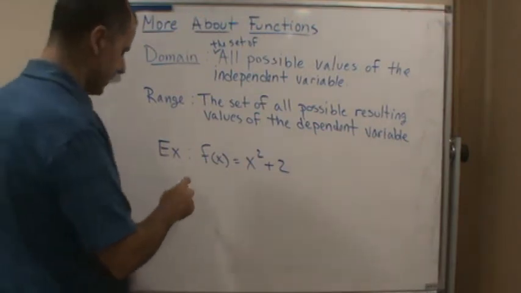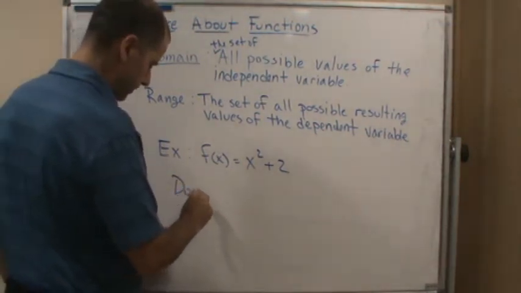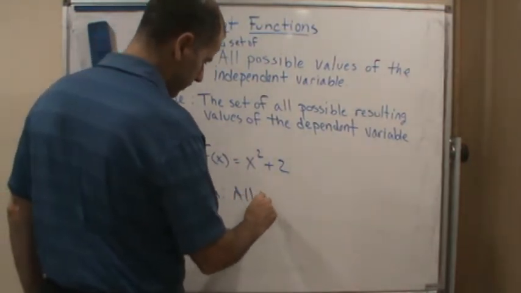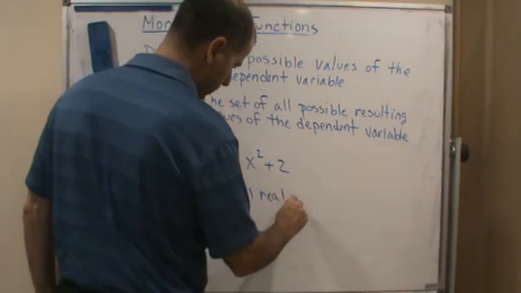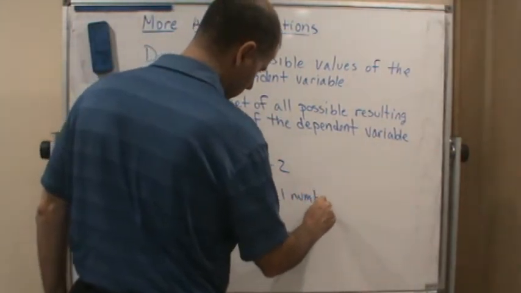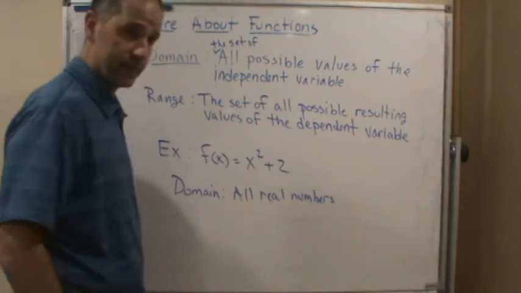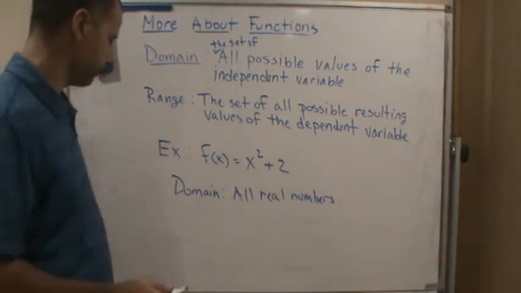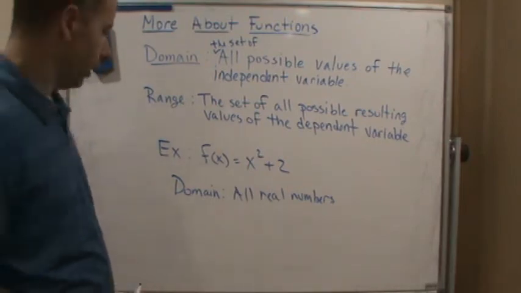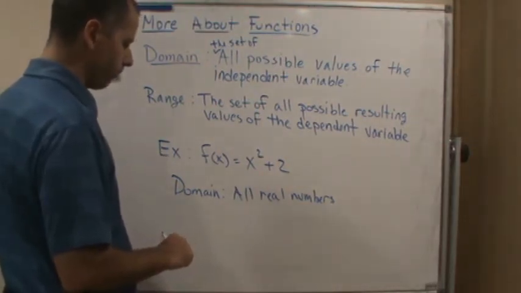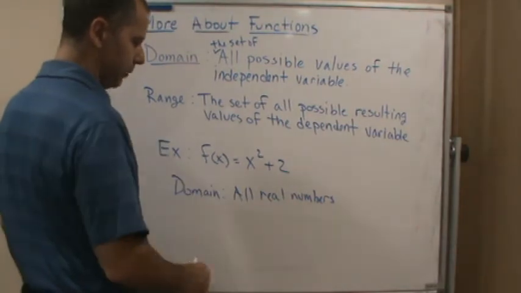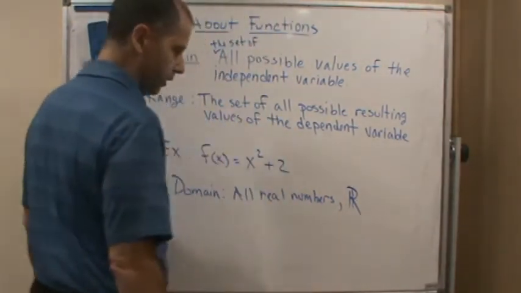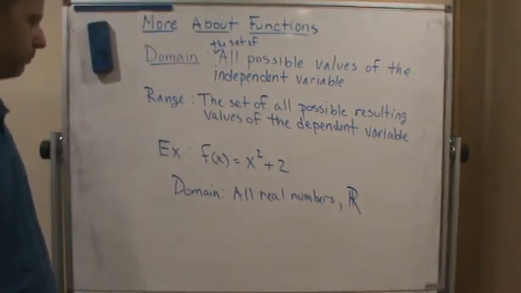So we would say that the domain is all real numbers, or we would use the symbol, the bold-faced R. It means the same thing, the set of real numbers.